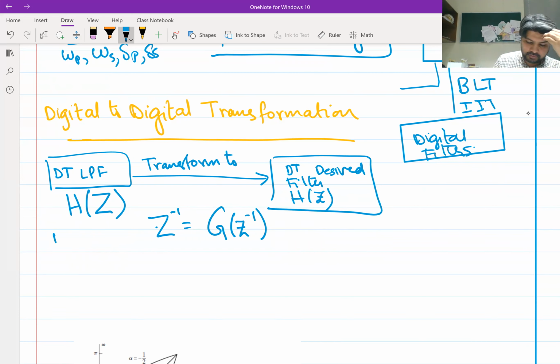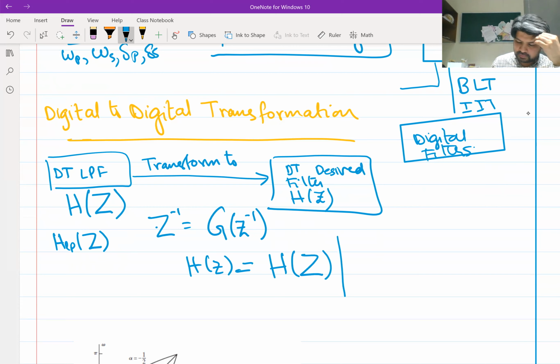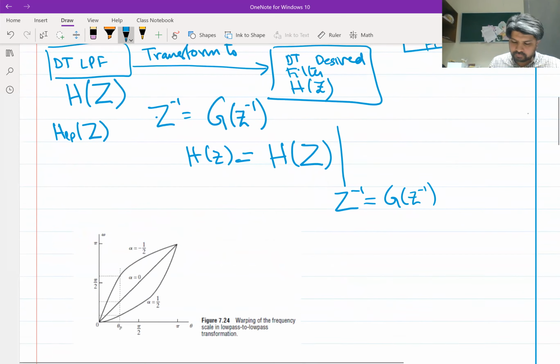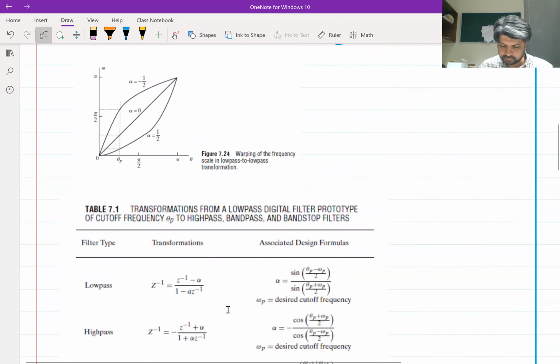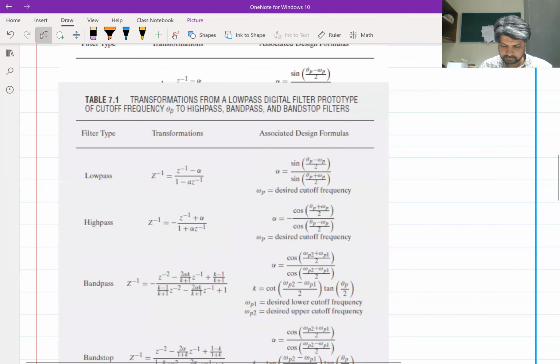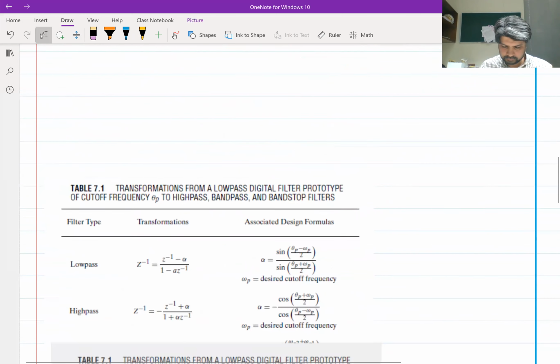If this is your H low pass of capital Z, your H of z would be equal to H of capital Z such that Z inverse has been transformed to G of small z inverse in this filter. And this way we can do this transformation. Are these notations clear? Yes, sir.